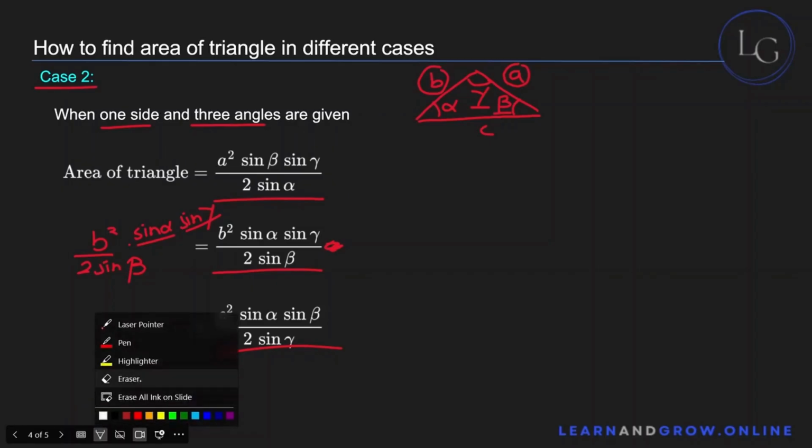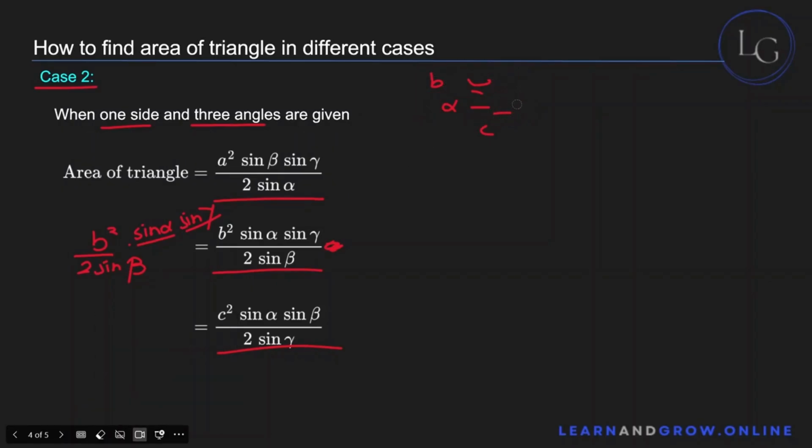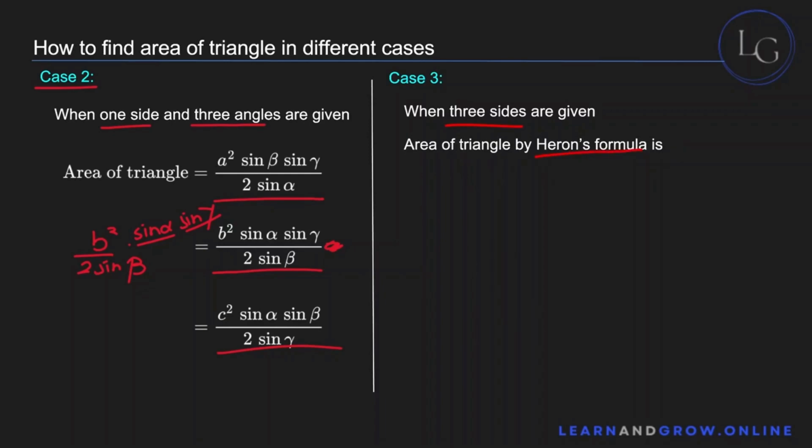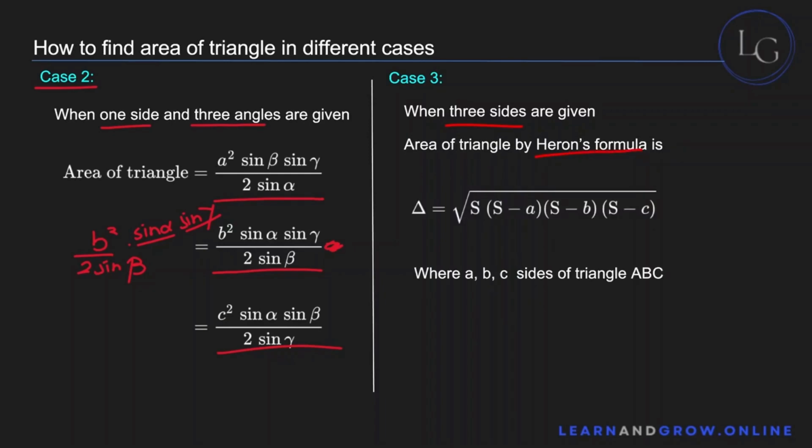Now let me just drop this off so we can discuss the third case. The third case states that when 3 sides are given to you, then you can use Heron's formula. Heron's formula is very simple.